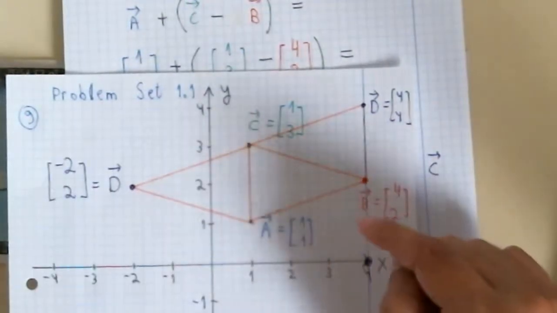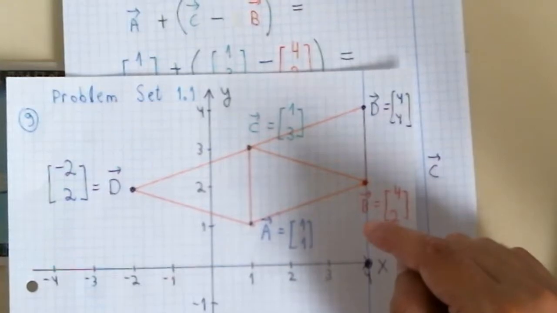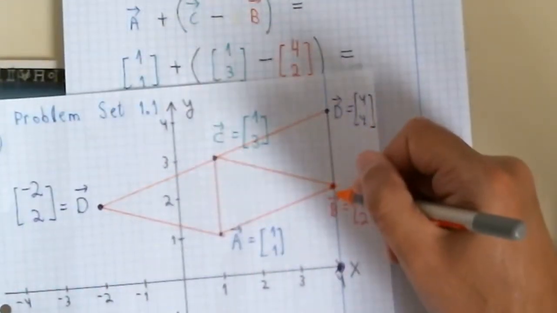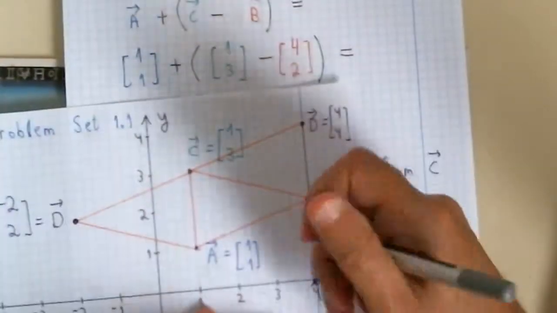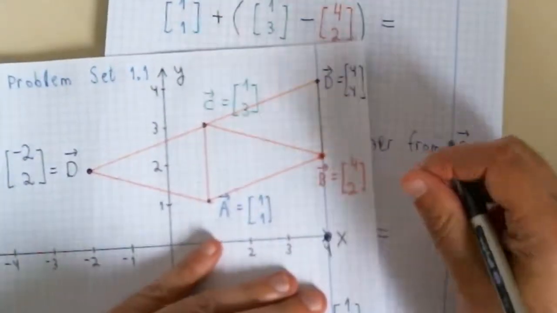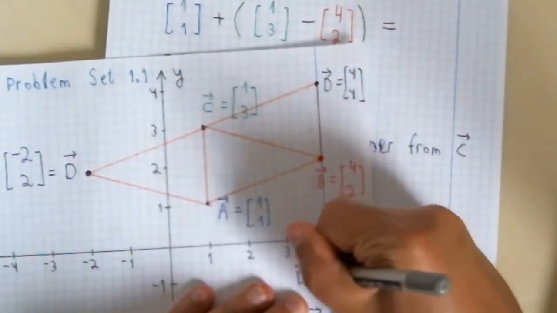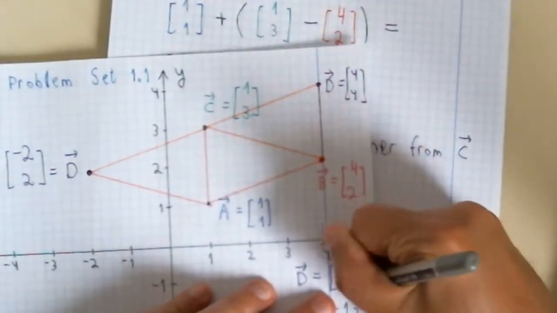And the last one, if we wanted to draw it, it would be A to B. Oh, I'm sorry, I didn't write the last D like we did the previous ones. So this D equals 4, 0.